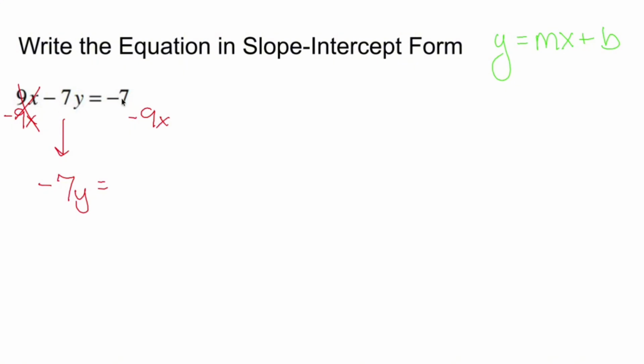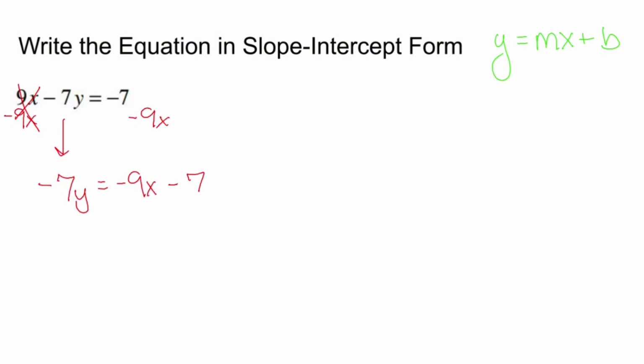Now, negative 7 and negative 9x don't combine because you have a constant and you have an x attached to it. I can't combine them. What I'm going to do is write it out in this order. I'm going to put my negative 9x first because I want my x term first, and then minus 7. I want it in that order so that when I do this next step, I'm done.